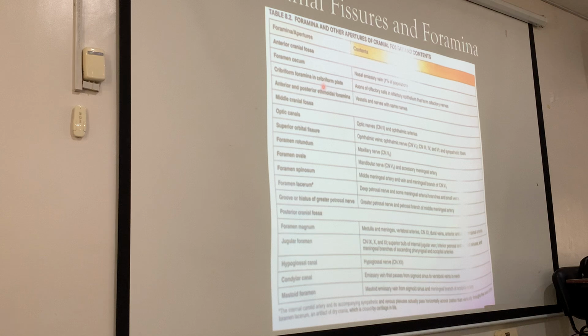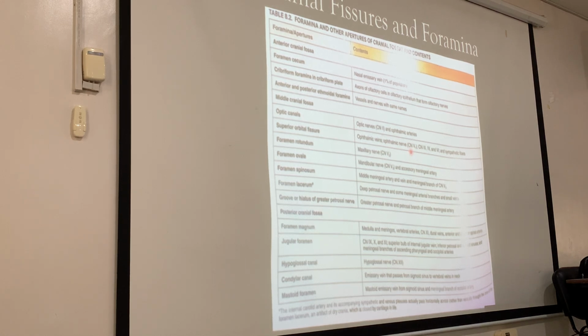And then in the middle cranial fossa, again, the optic canals transmit the optic nerves, cranial nerve 2. And then the superior orbital fissure in the orbit will transmit cranial nerves 3, 4, and 6, as well as the ophthalmic division of cranial nerve 5.